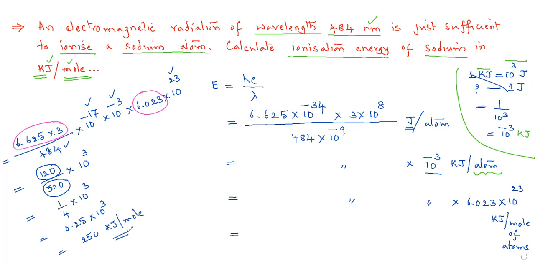Let us check what answer is given in the options. They have given 246.9, 594.5, 694.5, 794.5. Then what is going to be our answer? It's going to be 246.9, because our answer is nearby that. So this is how you avoid wasting time.